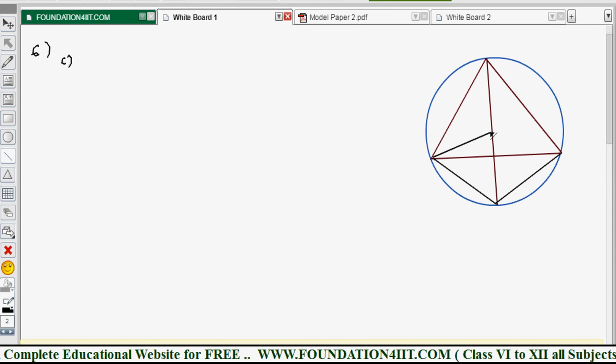So this is A, B and C, and it will be D. So this is I.